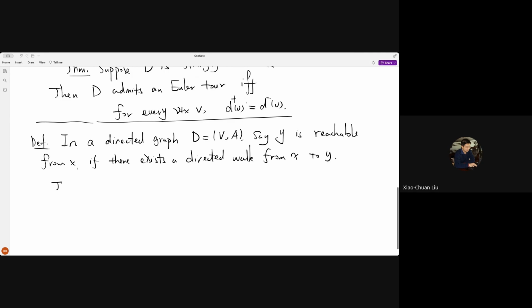So here there is a theorem. Really, it's about a different thing, but the argument is similar. So X, Y are two vertices.